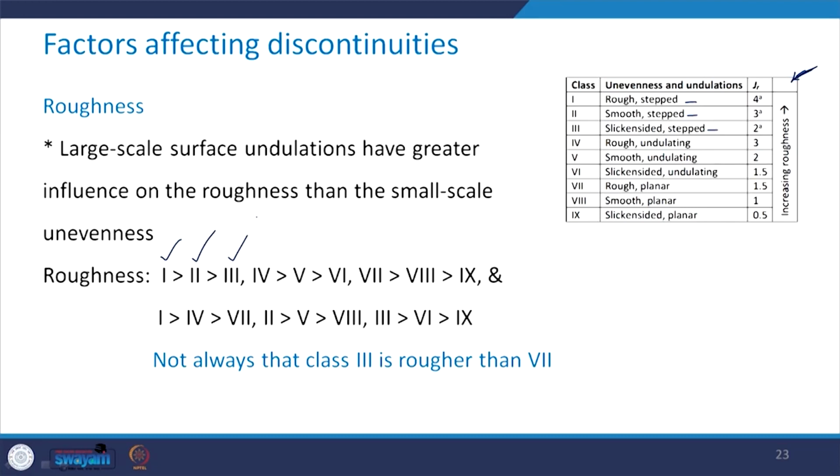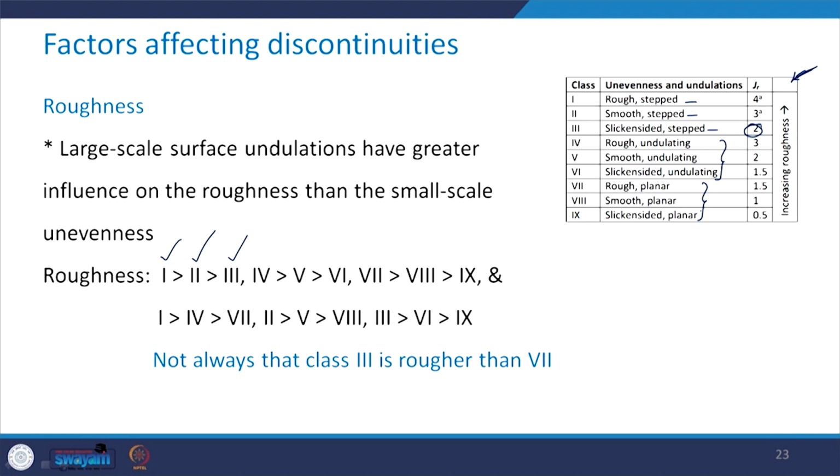So, the rating for the roughness for class 3 is minimum here, it is 2, as compared to class 1 which is 4. Similarly, in the second category of large scale roughness, that is undulating, you will see the same pattern, and likewise the same for planar.